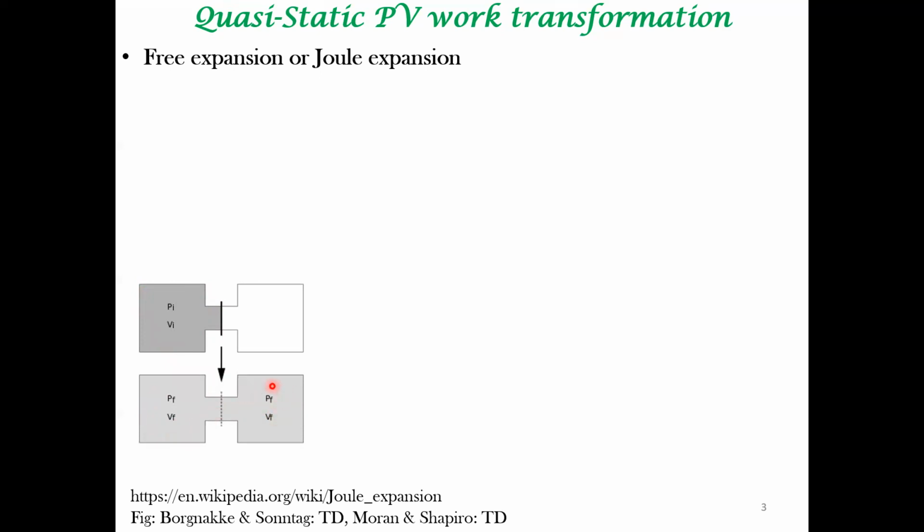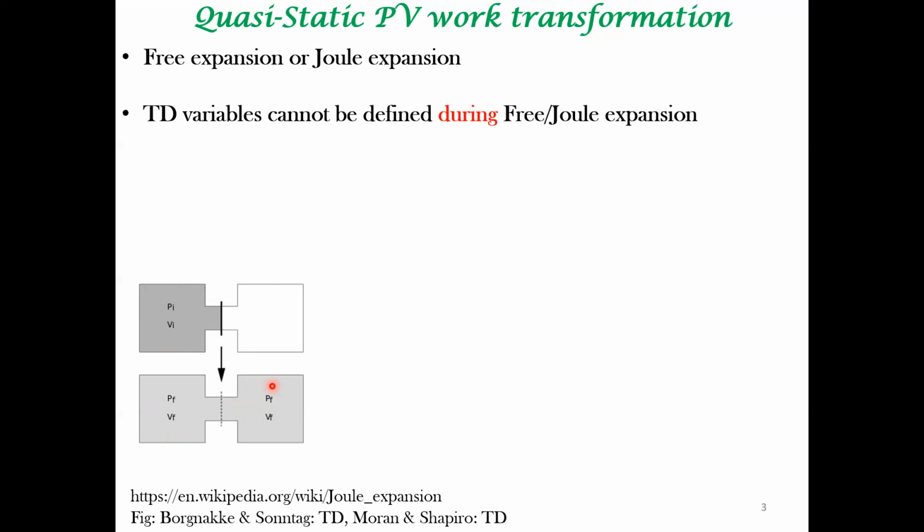But what you have to understand is that the thermodynamic variables are not defined during free expansion. When the gas is coming to this side of the chamber, the entire system has different pressures. The intensive variables take different values inside the system, and that is what brings in the flow. So this is not a reversible transformation. It has many other features of irreversibility, like viscosity and so on, so certain losses.